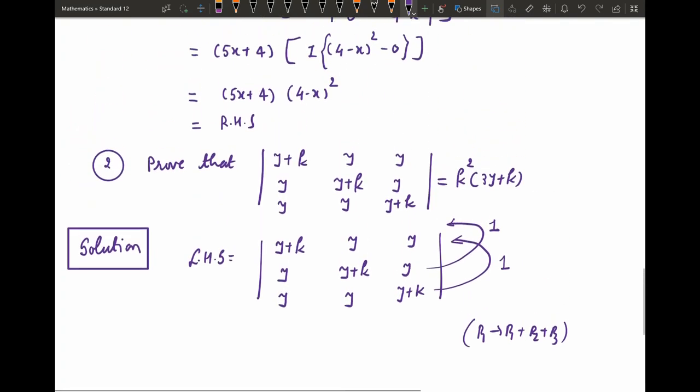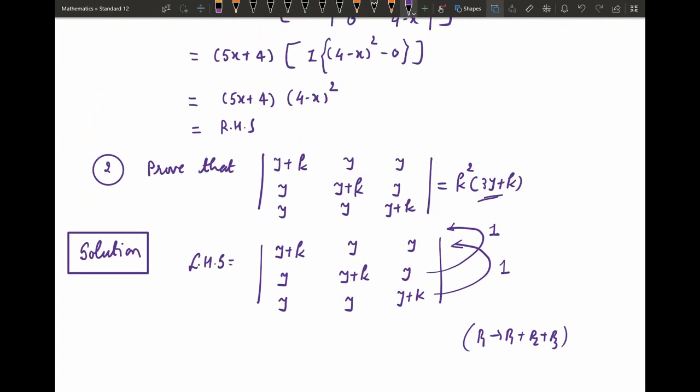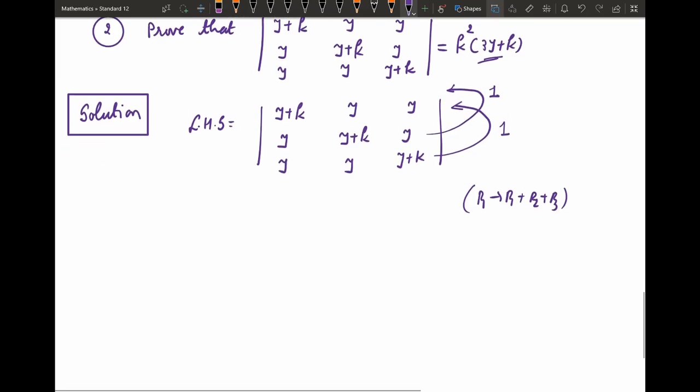So you can get an idea, we can take 3y plus k common. But here you can also use column operation in place of row operation.